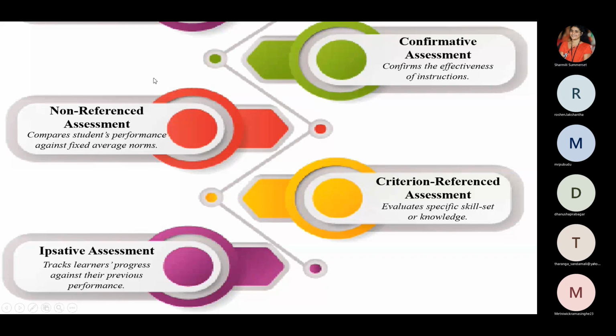Criterion referenced assessment evaluates a specific skill or specific knowledge of a particular person. And ipsative assessment tracks the learner's progress against their previous performance.